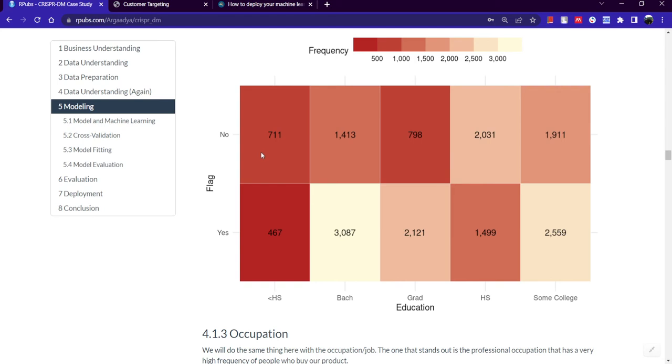For example, you can see whether there are also potential factors, whether, for example, education is good or not, and so on.